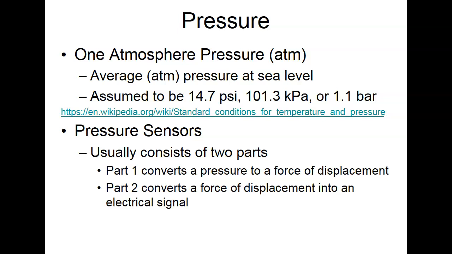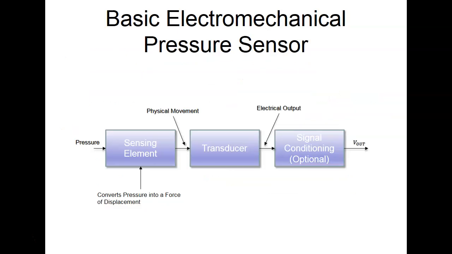Then the next transducer measures the displacement and converts it into an electrical signal. So what is a transducer? It converts one form of energy into another form of energy. So technically, the engine in your car is a transducer. We have a lot of things that are transducers.